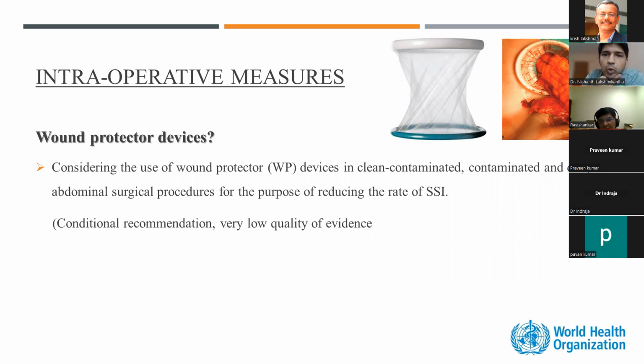Those two rings that you're seeing on top and bottom, one ring goes inside the abdomen, the other ring goes on top. Then you go on tightening it till both the rings are pulling the abdomen apart. So it mitigates the need for a wound retractor, and also works as an extractor of the specimen. Yes, sir. After laparoscopic surgery.